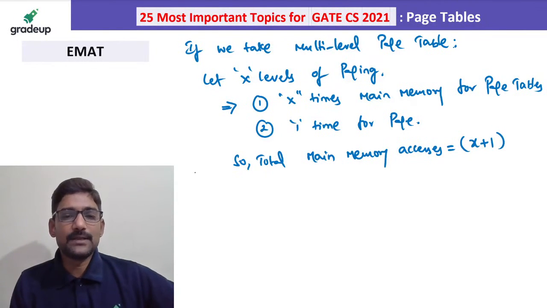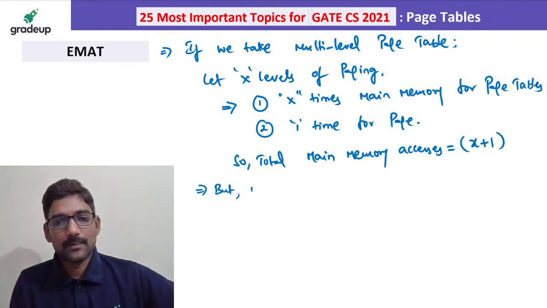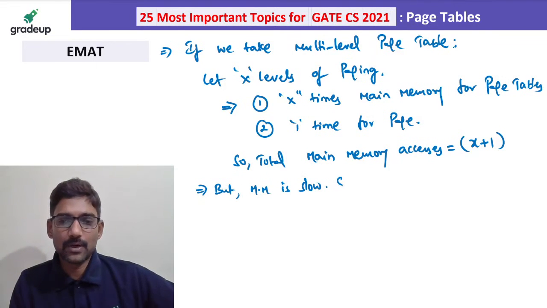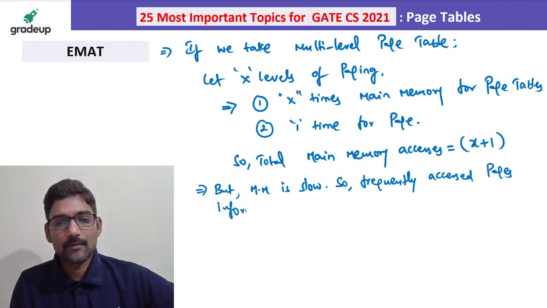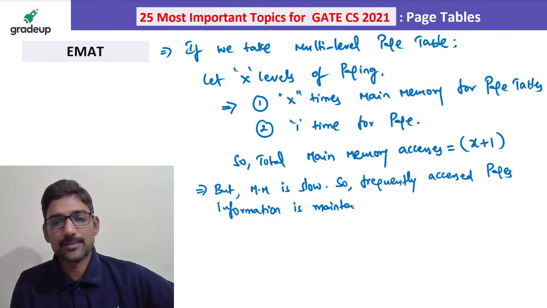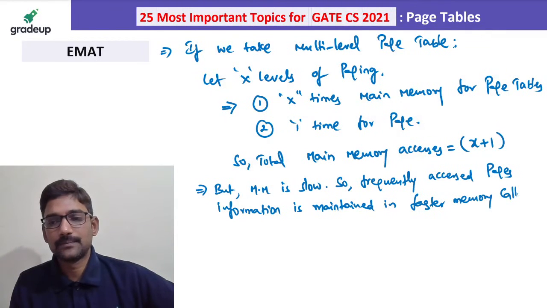But we know main memory is slow compared with CPU. So what do we do? Frequently accessed pages' information is maintained in a faster memory called cache memory.